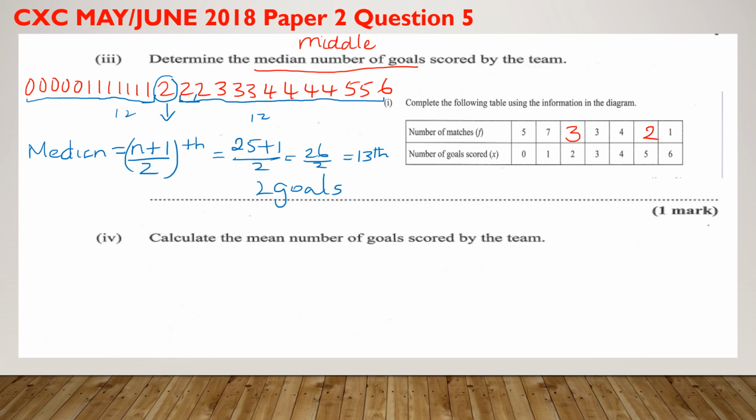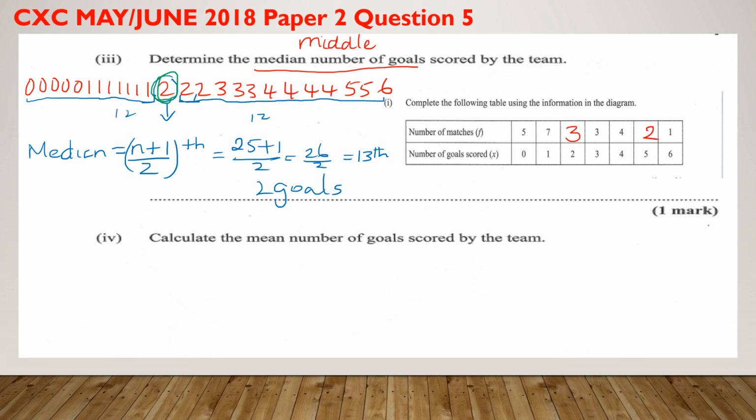So 1 2 3 4 5 6. Let me use my highlighter. 1 2 3 4 5 6 7 8 9 10 11 12 13. So this 2, I'll use a different color, is the 13th position, okay, which is what we had here. So the answer is 2 goals.